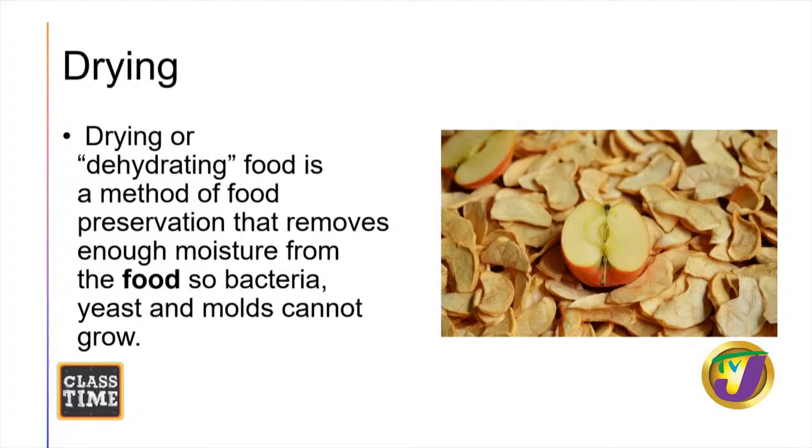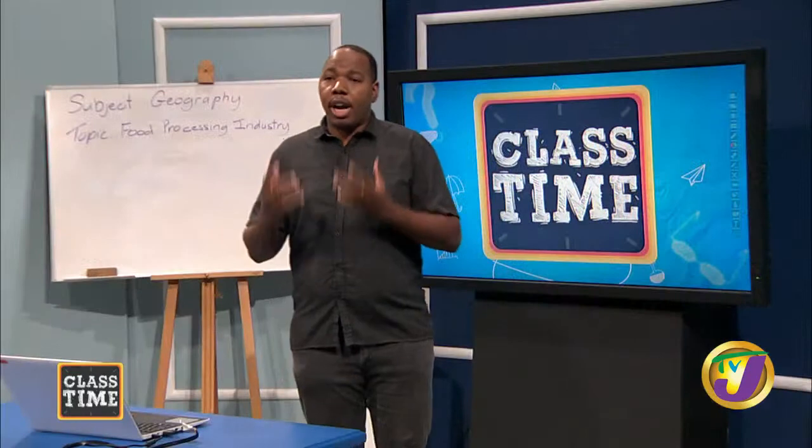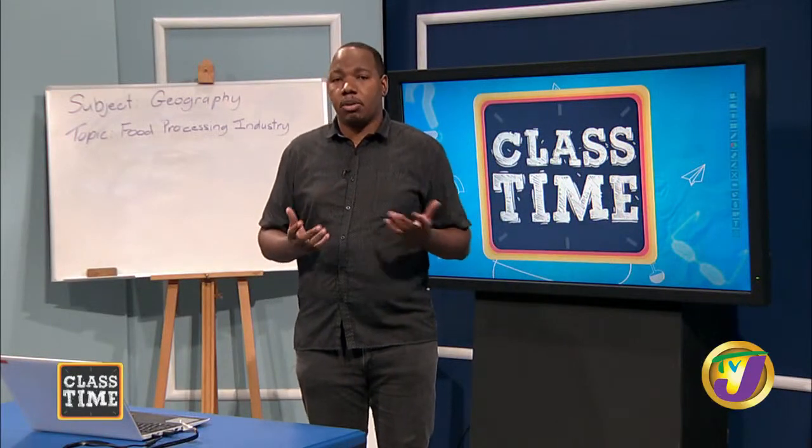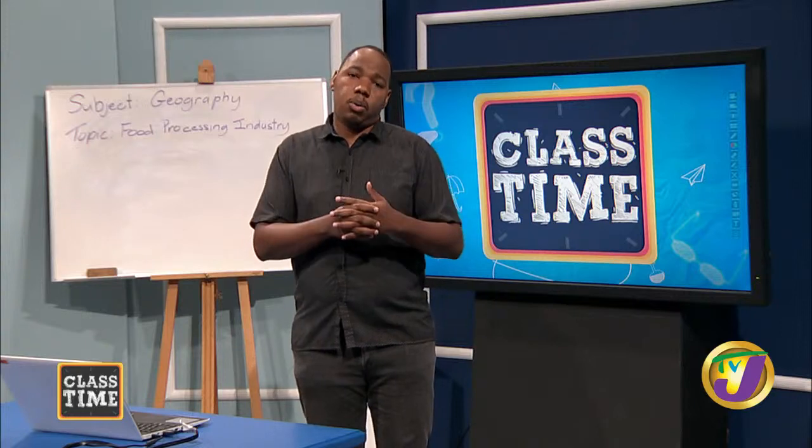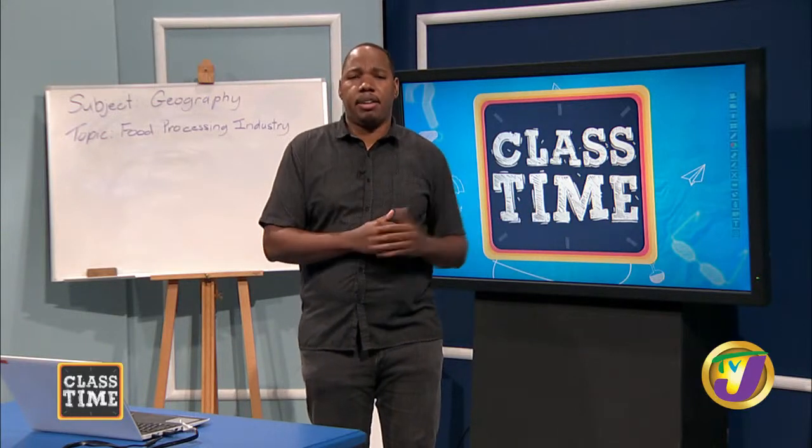So you need to remove enough moisture from the food to inhibit the growth of things like bacteria, yeast, and molds, right? So again, drying the food inhibits microbial growth, and when that occurs, our food can have a longer shelf life.